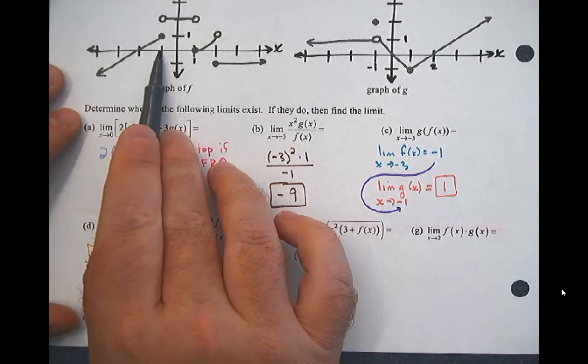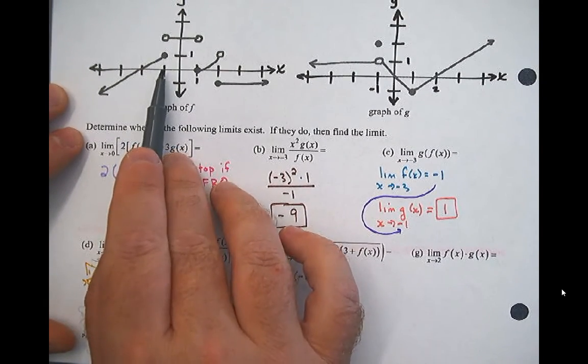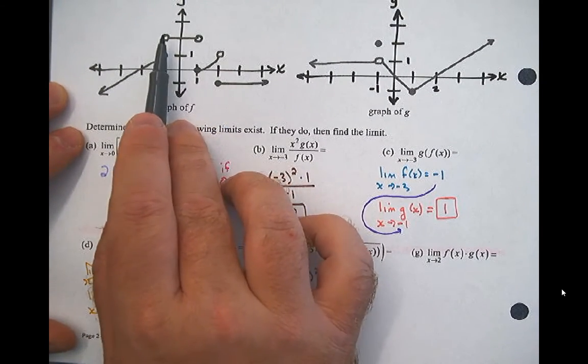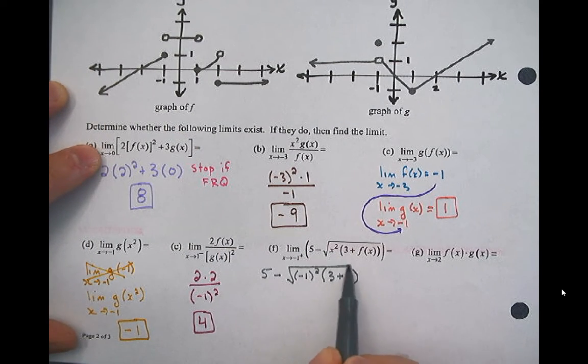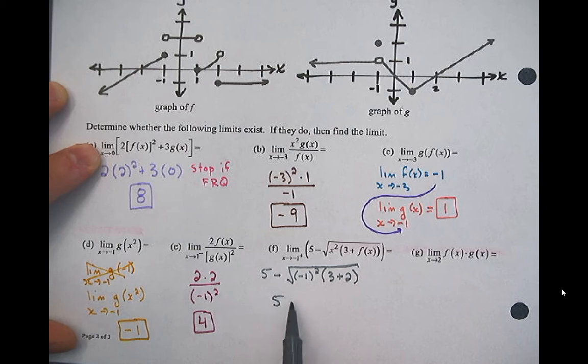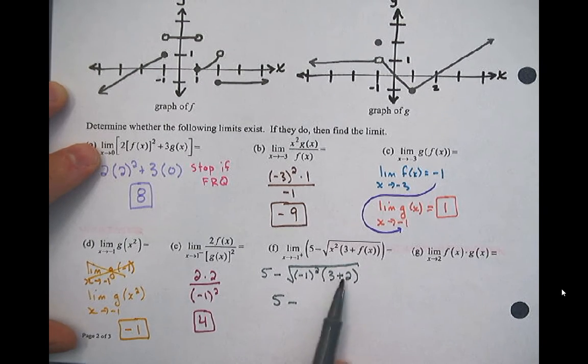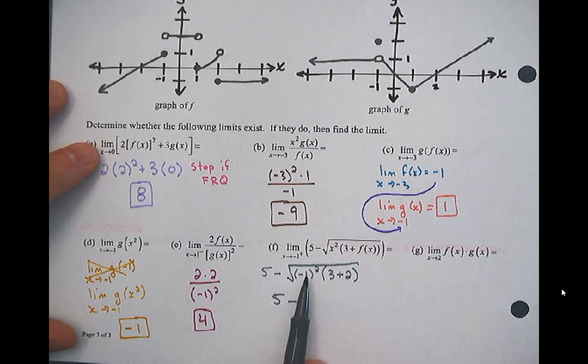So -1, here's f of x, there's -1 coming from the right, that's at a height of 2. And then all of that is underneath the square root. So I would get 5 minus 3 plus 2 is 5. -1 squared is 1. 1 times 5 would be 5. So 5 minus root 5.